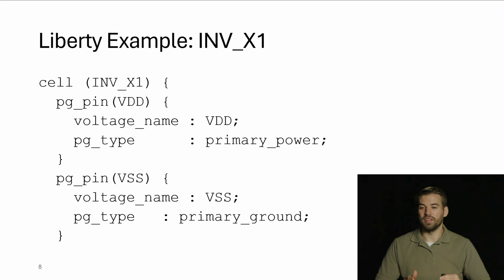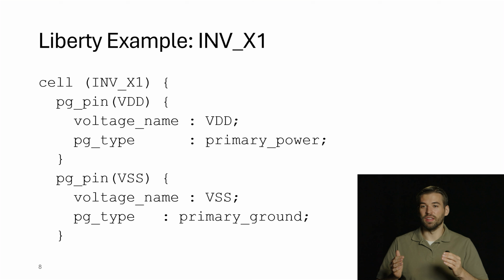Note here that Liberty is not using the same syntax taxonomy that we talked about in lecture 2. So here it's going to use some different terms which I may have explicitly said not to use, and it's a little bit unfortunate that there's a difference. But the reason for this is because Liberty is separate from LEF and DEF, and they're both trying to represent separate parts of the circuit spectrum, circuit taxonomy.